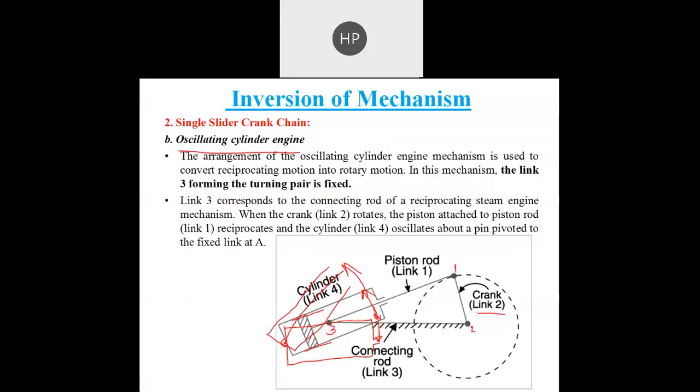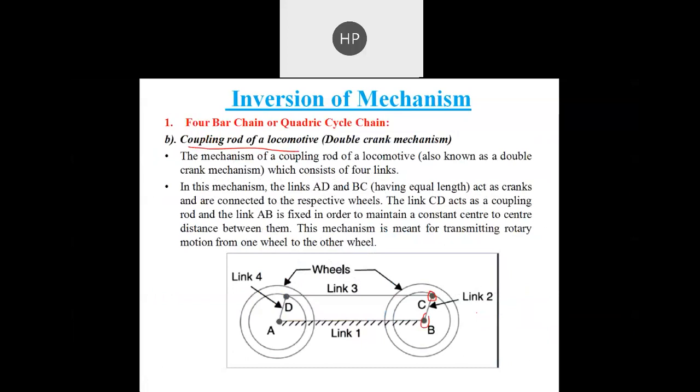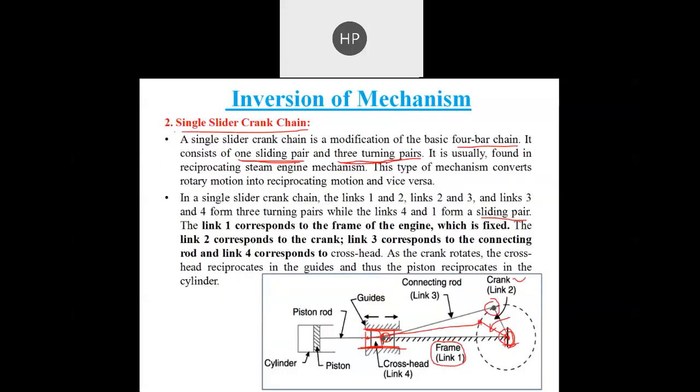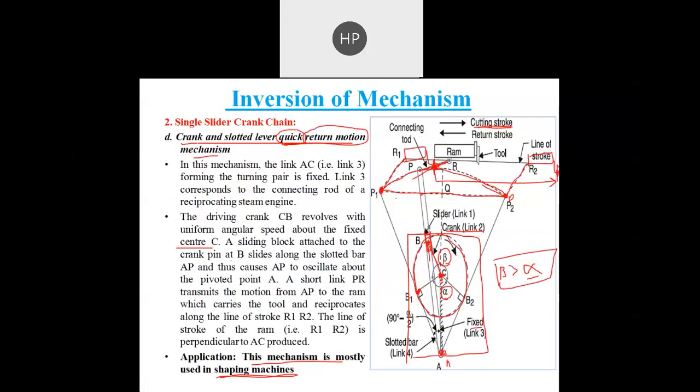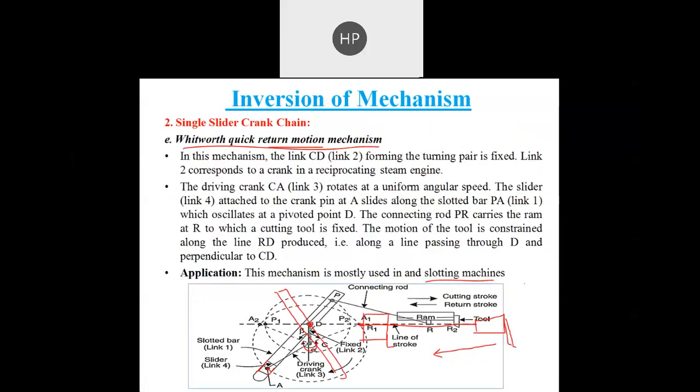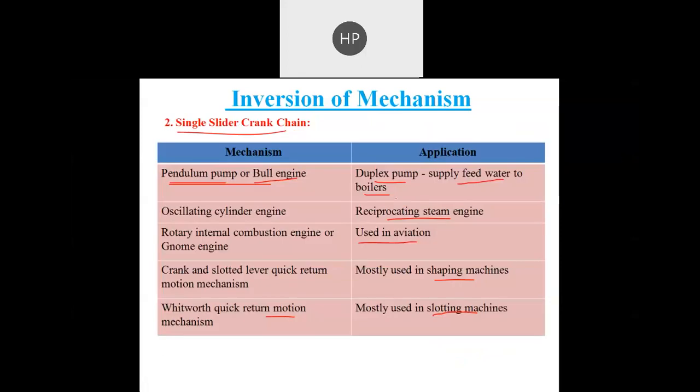In the previous lecture, what we discussed was the inversion of a 4-bar chain. All of those are inversions of a 4-bar chain, in which all the pairs are turning pairs. While in a single slider crank chain, we have one sliding pair and three turning pairs, and these are the inversions of a single slider crank chain.